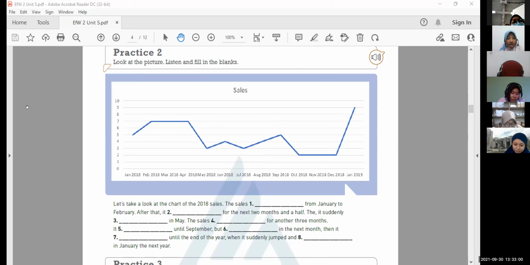After that, it went steadily constant for the next 2 months and a half. Then, it suddenly dropped in May. The sales fluctuated for another 3 months. It rose until September, but fell in the next month. Then, it flattened until the end of the year, when it suddenly jumped and reached a peak in January the next year.